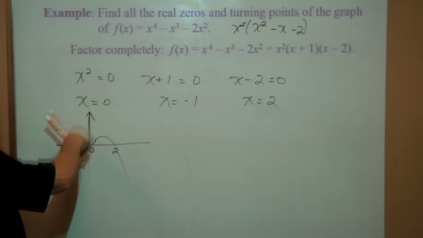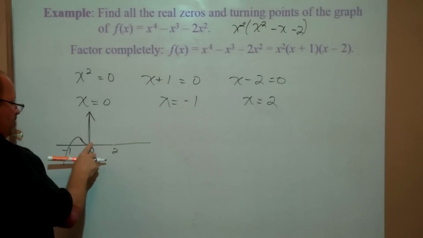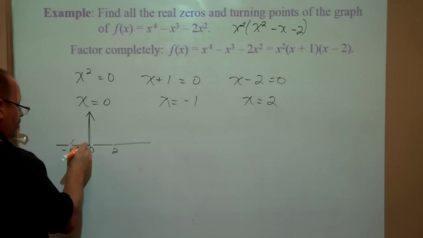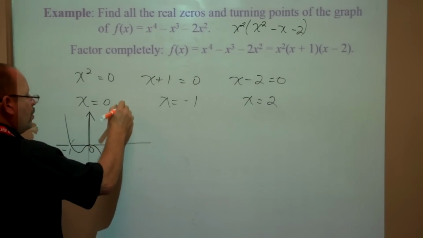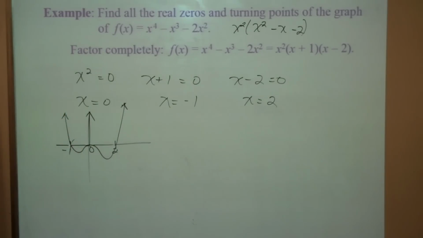Except I drew it as though the lead coefficient was negative, so I have to do this the exact opposite way. So it would touch here. It would look something like that. Because these are the zeros.